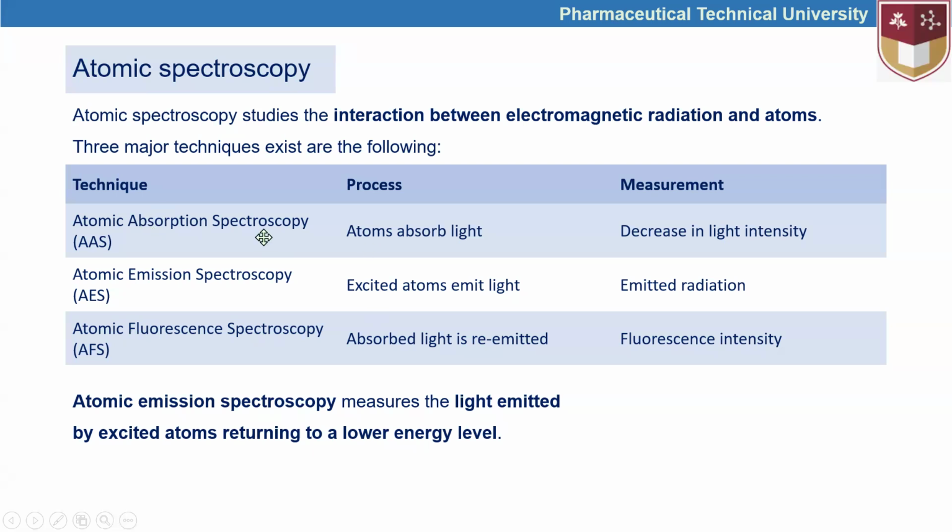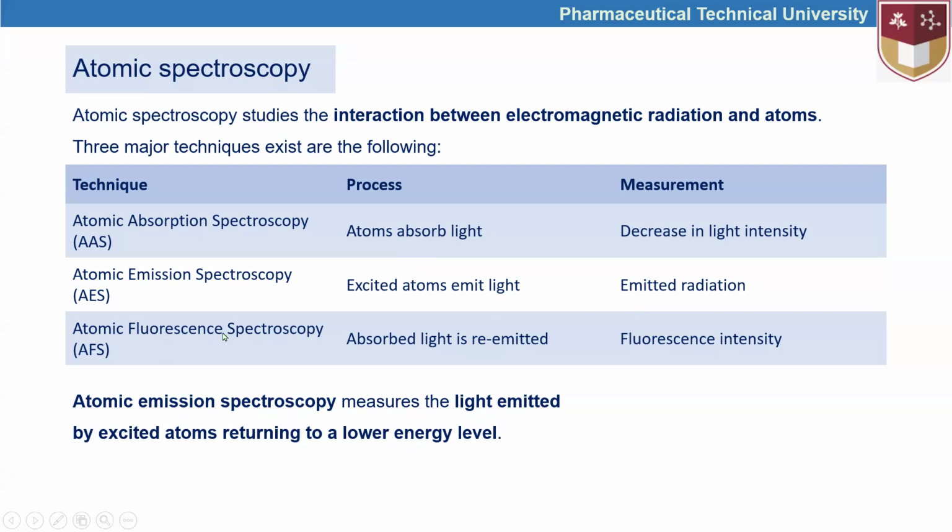In atomic absorption spectroscopy, atoms absorb light and a decrease in light intensity is observed. In atomic emission spectroscopy, atoms are excited. The electrons of atoms are excited and they cause the emission of light. So the measurement is based on the emission of radiation.